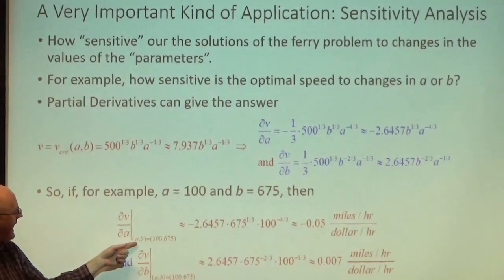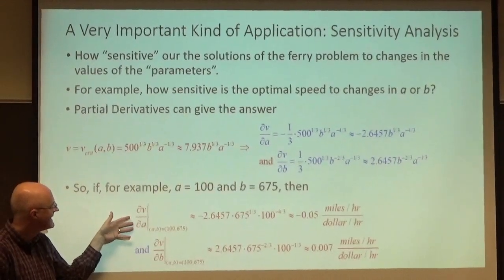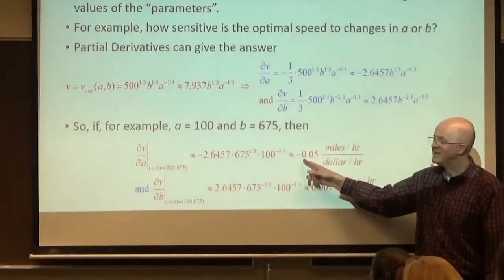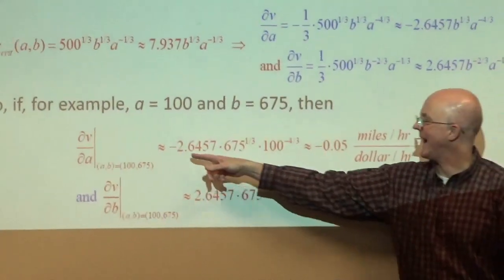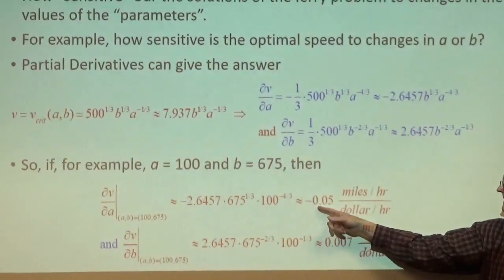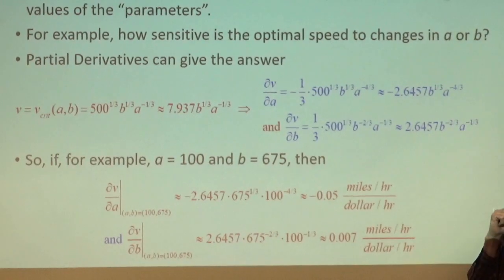If you plug in A equals 100, B equals 675 into the partial of V with respect to A, you get about this value. Actually, you get exactly that number, it turns out. But I had an approximation symbol there, so I kept an approximation symbol there. Negative 0.05 miles per hour per dollar per hour.